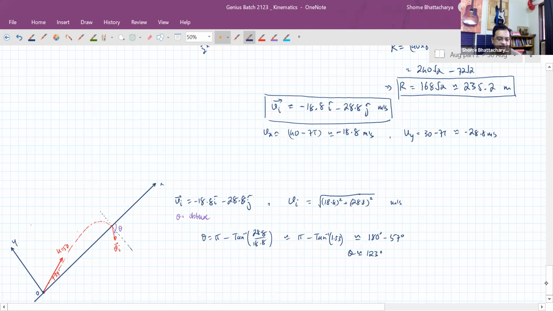You can also take the x-axis horizontal and the y-axis vertical and solve it. At least the range part you can solve very easily geometrically only. But time of flight and impact velocity will become complicated. If we just wanted to calculate the range, for example, we don't need to do this inclined axis concept.